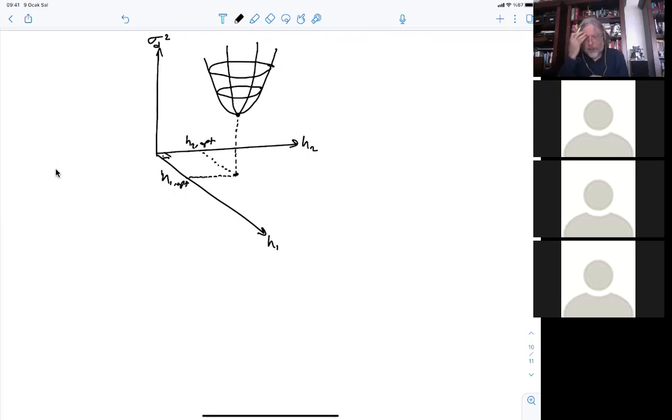And there are numerical ways to do that. This is, by the way, a function of h, of course. So how can we reach the minimum of a quadratic curve like this?